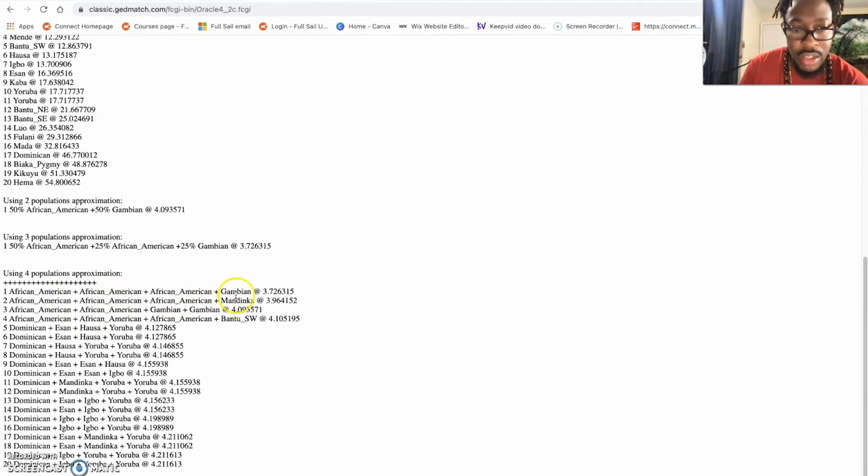African American, Gambian, African American, Mandinka, Gambian, Bantu, and San. Look at this, guys. Dominican. Wow. Igbo. Low distance. Yoruba. Remember, make sure your distance is low when you do these calculations.